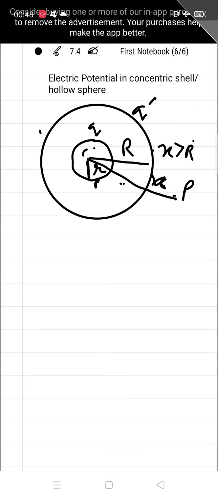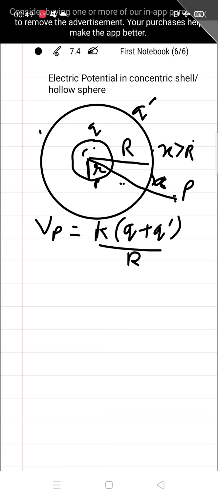If we stand at point P, then all the charge on the sphere will look as if it is concentrated at the center. So the potential at point P, Vp, will be equal to K times the total charge, which is q plus q dash, upon the distance, which is x.